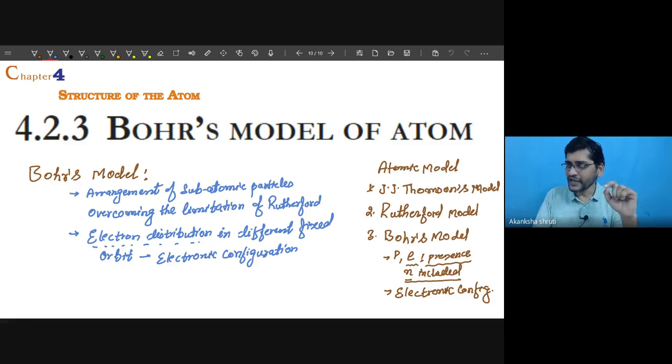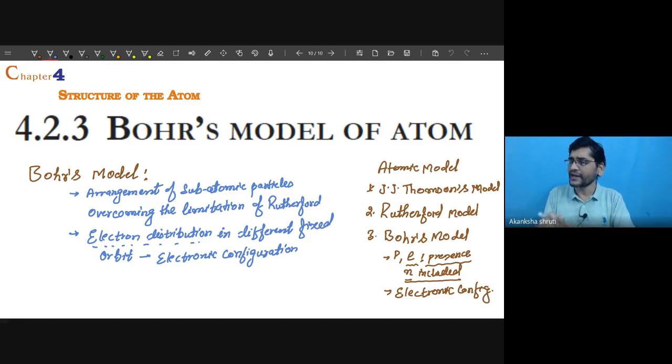The very first thing, this Bohr model or Niels Bohr model overcomes the limitations of the Rutherford model, where the Rutherford model was based on the consideration that electron is just moving around the nucleus in a circular path.